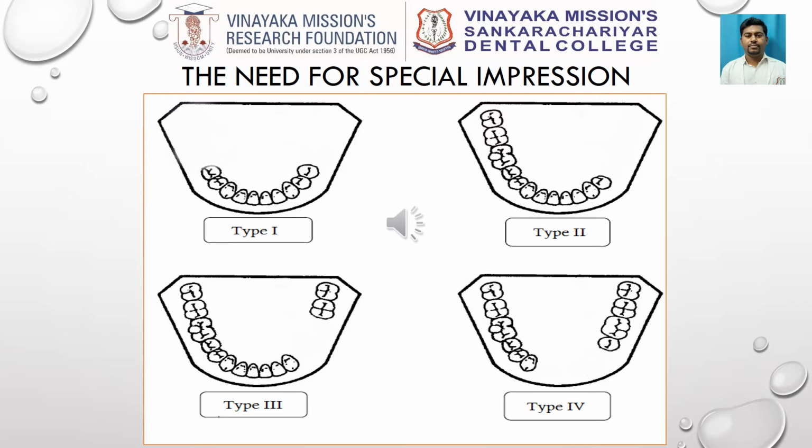According to the previous definition, a distal extension is where one side of the edentulous space has the teeth and the other has the residual alveolar ridge. According to Kennedy's classification, type 1, bilateral posterior edentulous, and type 2, unilateral posterior edentulous, require special impression techniques.